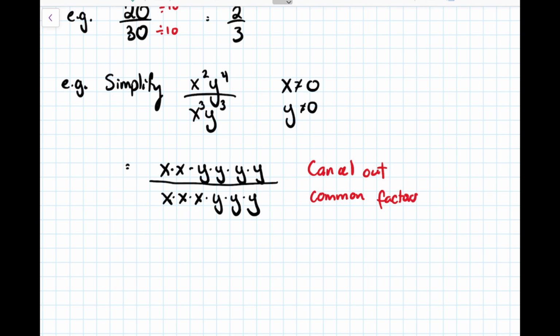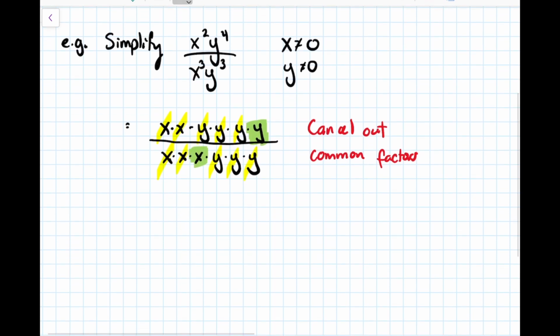Up top, we've got 2 x's, so both of those are going to cancel out an x in the denominator. In the bottom, we've got 3 y's, so each of those is going to cancel out a y up top. And so we're left with 1 y on the top and 1 x on the bottom. Our final answer is just y over x.